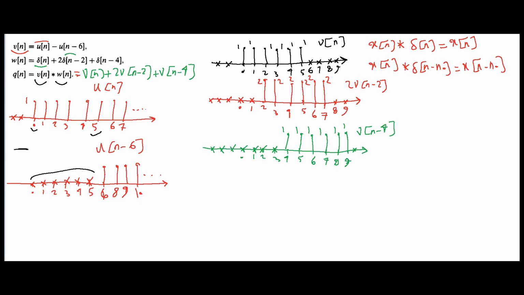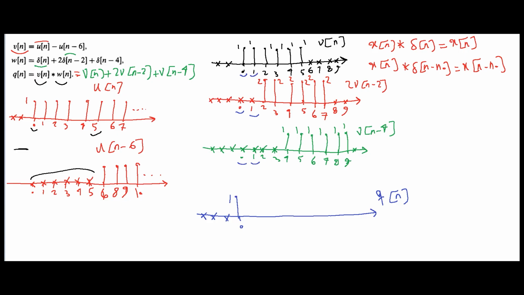Now we simply add these 3 signals together to obtain q[n]. For all values before n equals 0, all 3 signals are 0. Therefore, the result is 0. At n equals 0, only v[n] is equal to 1. So the result is 1.